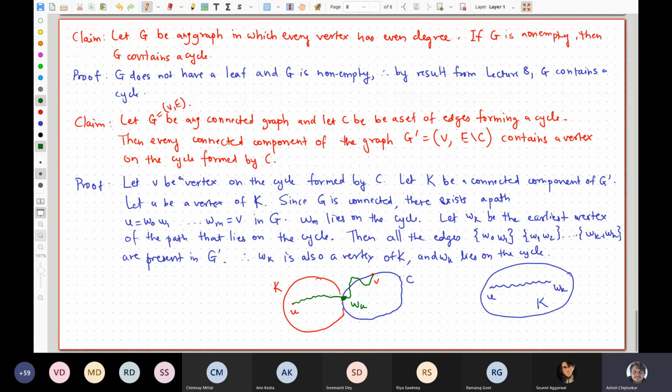And because they are not on the cycle, the removal of the cycle does not remove any edge incident on them. So these edges are retained in G prime. And now because these edges are retained in G prime, you have a path from u to wk in G prime. So therefore wk must belong to the same connected component as u, which is K. So every such connected component is going to have some vertex where it touches the cycle.